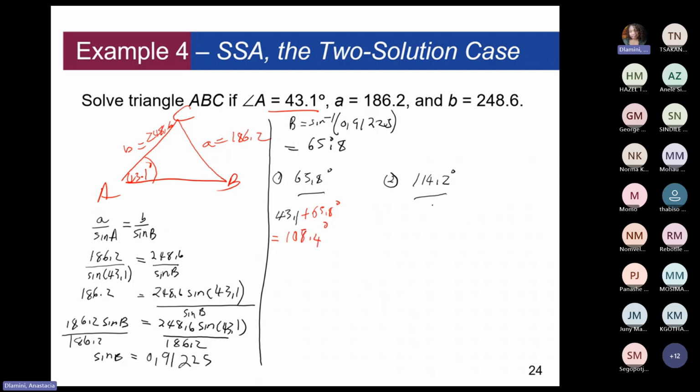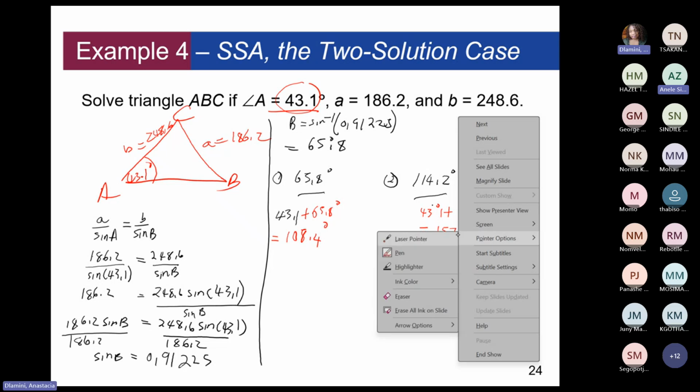And then you come here, you say 43.1 degrees plus 114.2 degrees. What do you get? 157.3. Ooh, we're having a problem now. 157, that's a big one.